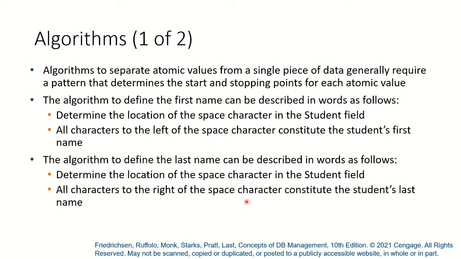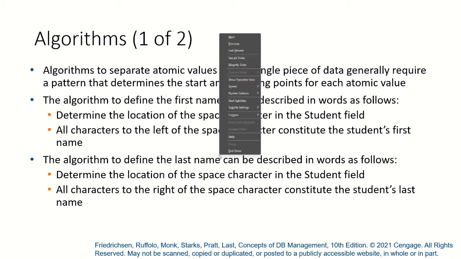So we need to come up with an algorithm to separate atomic values from a single piece of data. Generally, it requires a pattern that determines the start and stopping point of each atomic value. The algorithm to define the first name can be described like this: determine the location of the space character in the student field. All characters to the left of the space character constitute the student's first name.